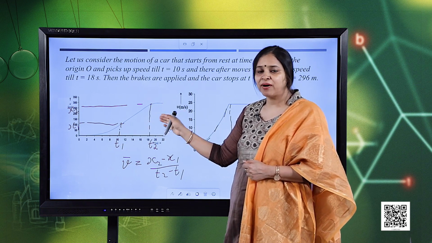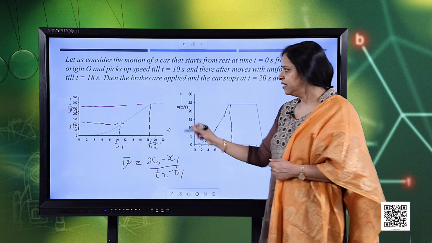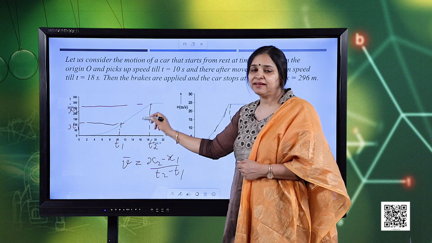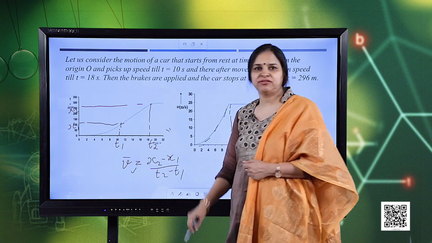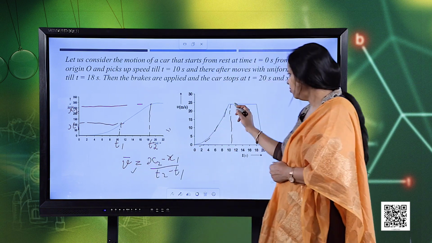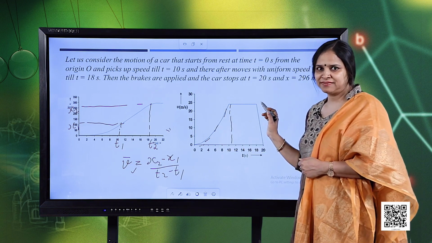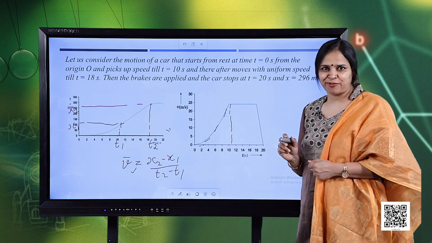This is important to notice: if the velocity is uniform, then the velocity at each instant found by the slope will be the same as the average velocity, and that is how we get a straight line parallel to the time axis. So, this was the region where the velocity is uniform.